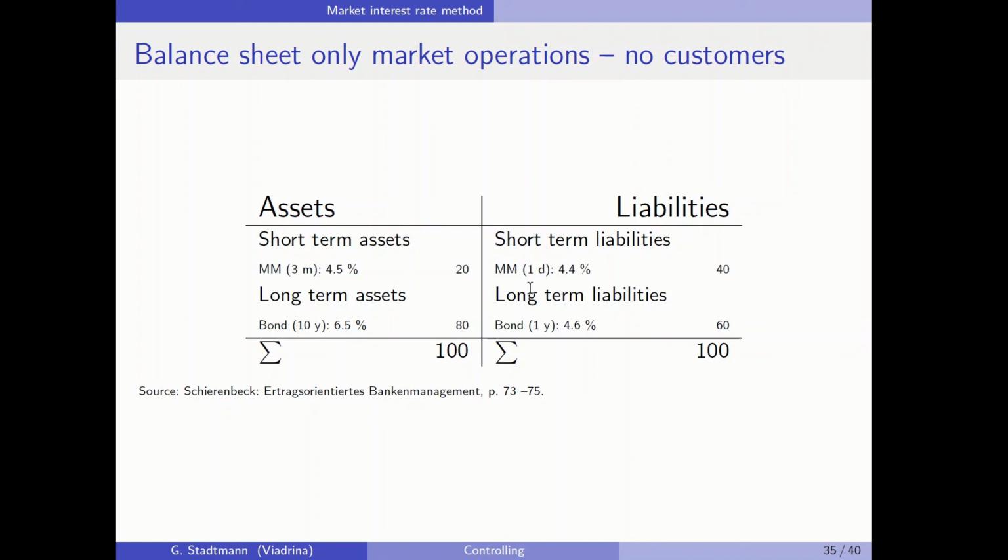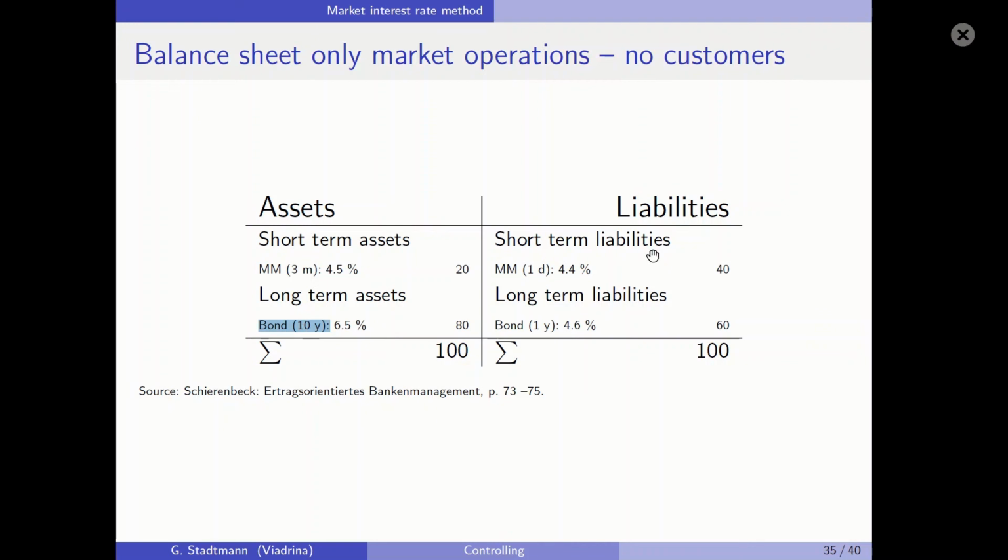For example, here we have a bank. It has short-term liabilities, one-day liabilities or one-year liabilities, and this bank is investing in a 3-month money market instrument or a 10-year bond.